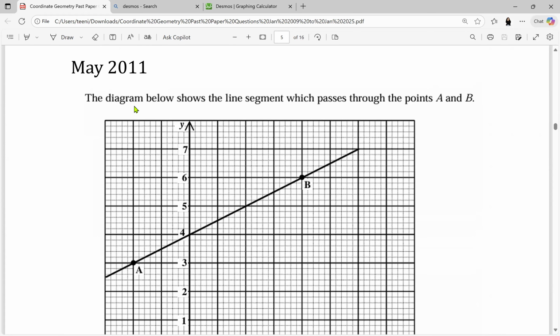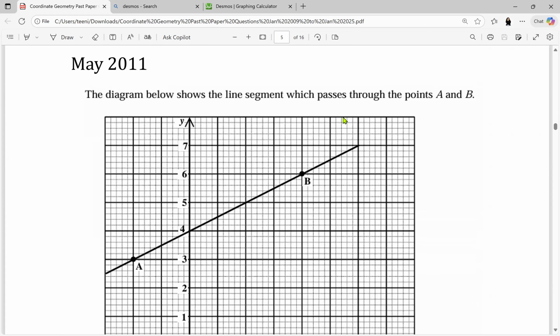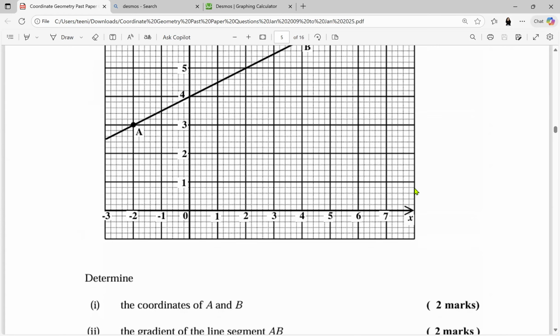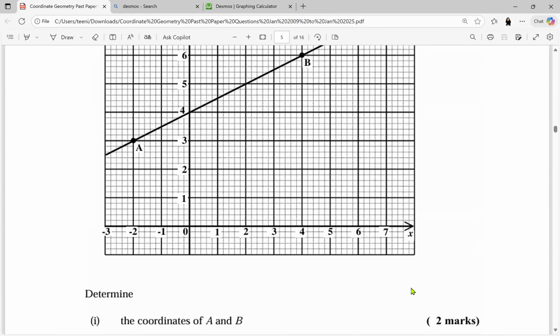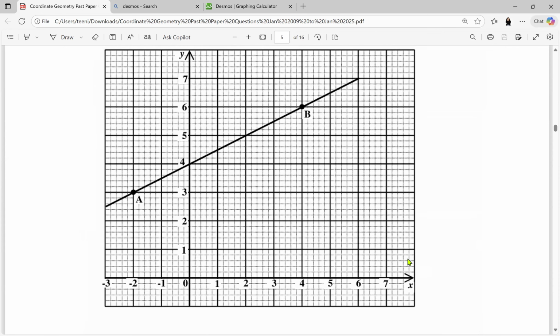All right, guys. So the diagram below shows the line segment which passes through the points A and B. The first question, which is with 2 marks, is to determine the coordinates of A and B. So remember, guys, when you are determining the coordinates of a point, you always read the x-axis first.